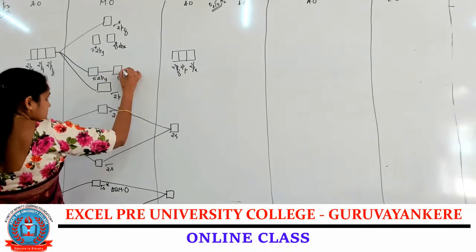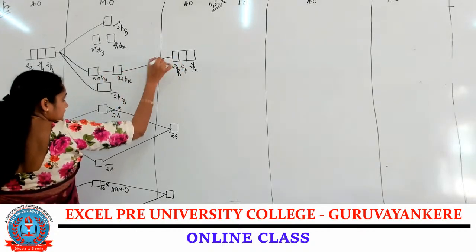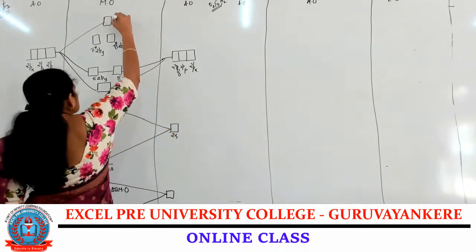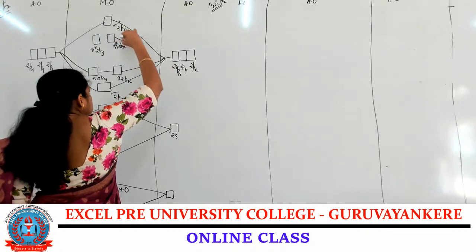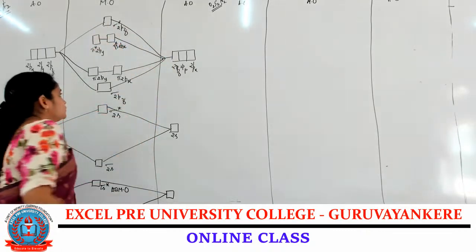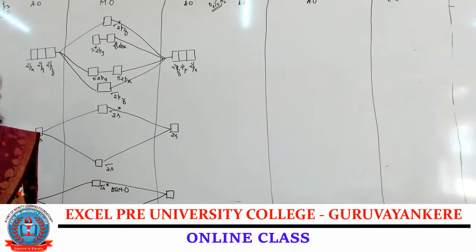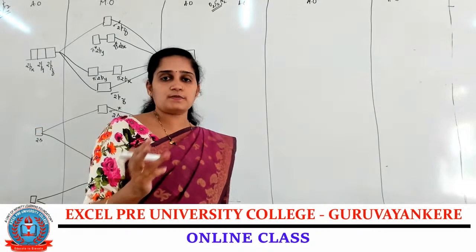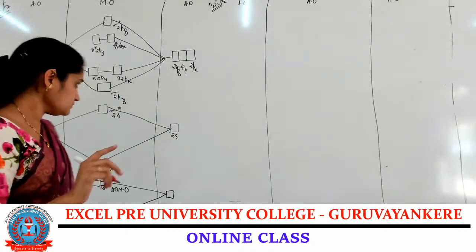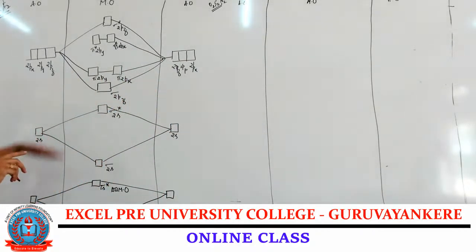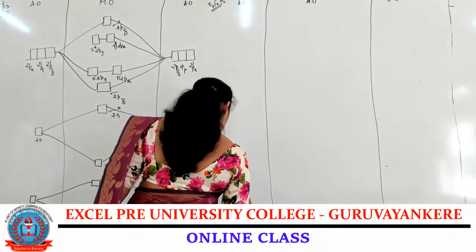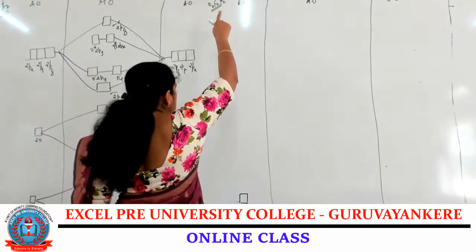These two orbitals have different energy levels. This is how to fill the electrons or write the electronic configuration according to all the rules, whatever rules you have studied in the structure of atom: Aufbau principle, Hund's rule, Pauli exclusion principle. Using all these rules, we have to write the electronic configuration. Now I am writing for filling the electrons in oxygen, C2 and N2.